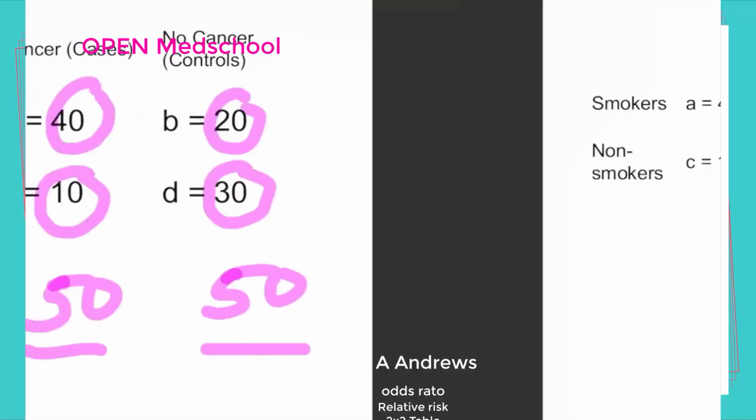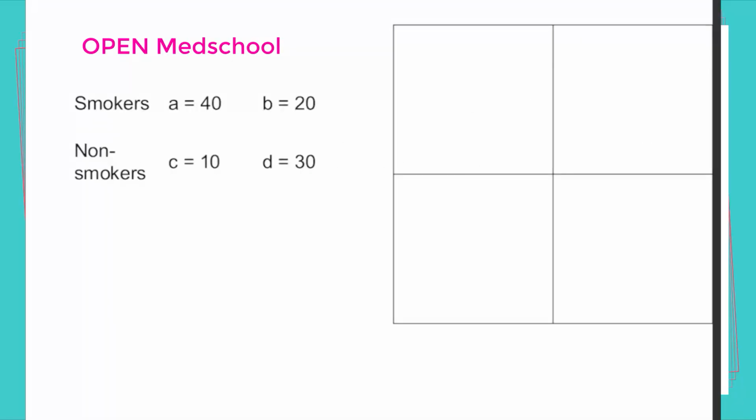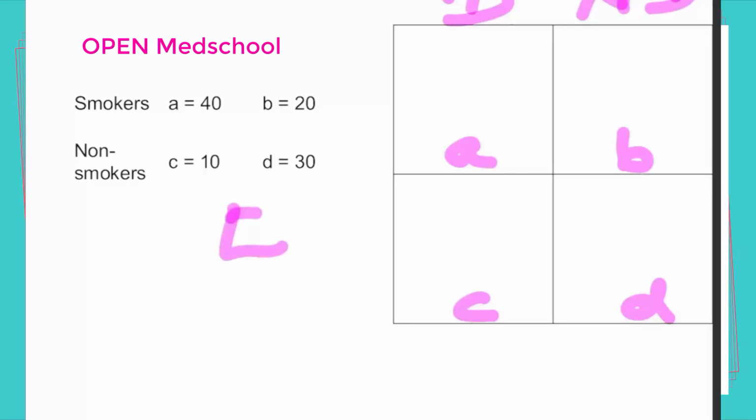You have tabulated like this. This point is clear. So in the 2 by 2 table, you make it as A, B, C, and D. These are fixed. And here you write the disease: the patient has got a disease, or there is no disease. And on this side, you write the exposure. Here the exposure is smoking and no smoking.